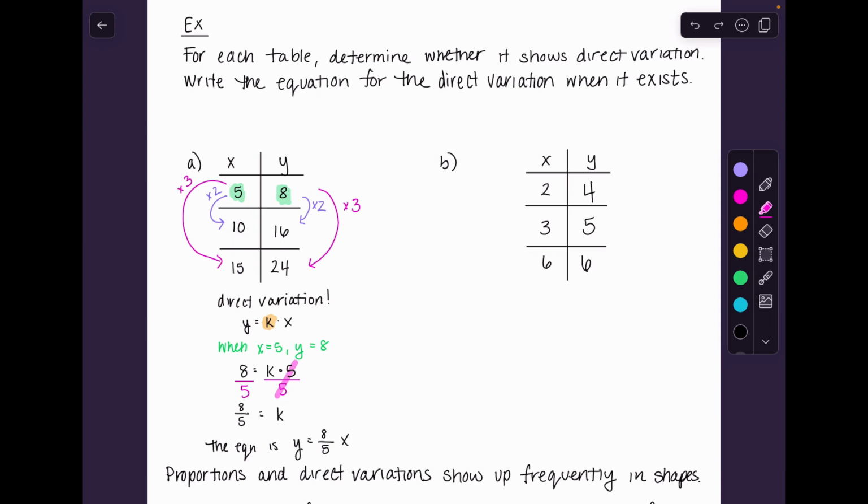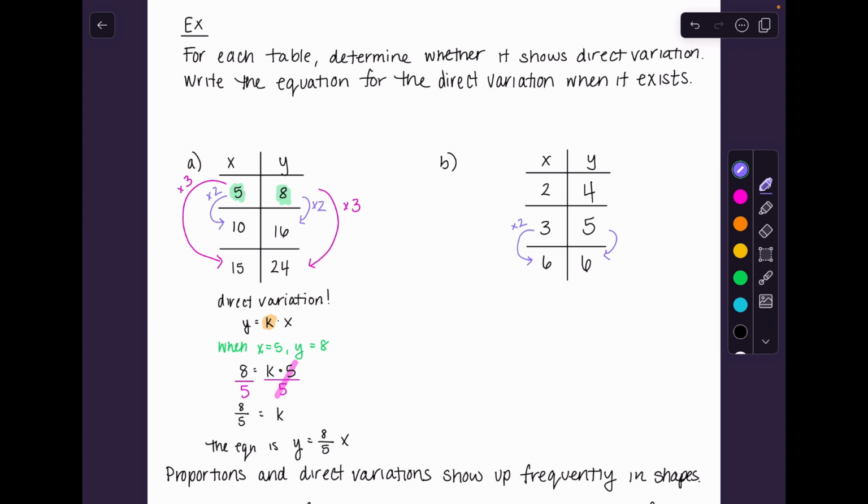Okay. Now moving on to the second one, if you look again, it's going up by the same amount each time here, but that doesn't guarantee that I have direct variation. So I want to see what's going on on a deeper scale. If I look to go from 3 to 6, that means I'm doubling the input. But if I look at the y values, 5 times 2 does not give me the end result of 6.